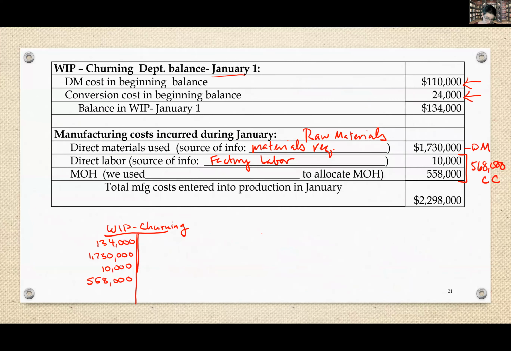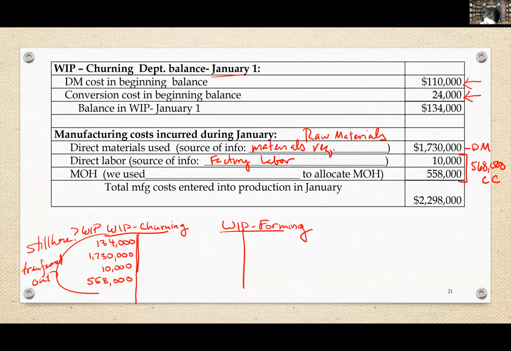So if I go back to my work in process, I'm going to see how much of this is still here. If so, that'll be my ending work, or was it transferred out? And if it was transferred out, then it would have gone into work in process forming. We'll come back to this slide in a moment.